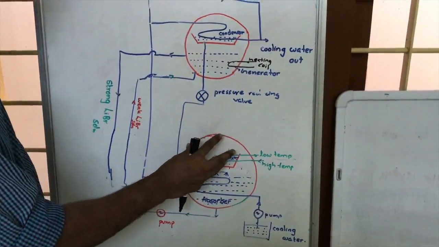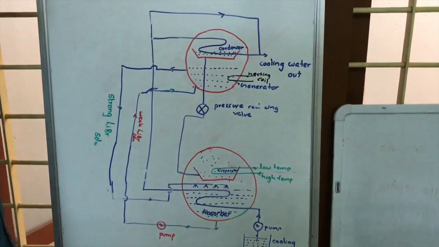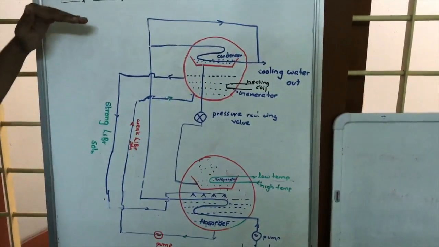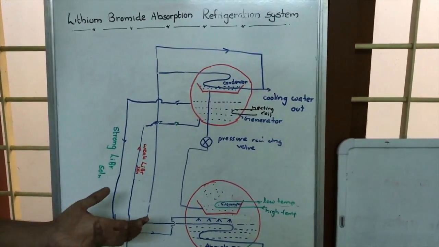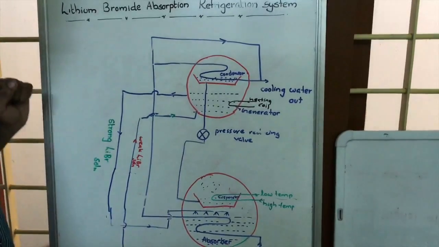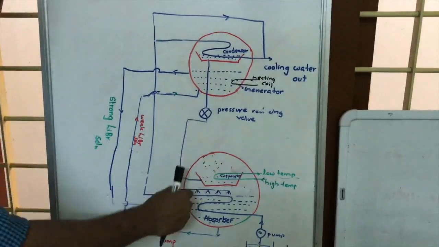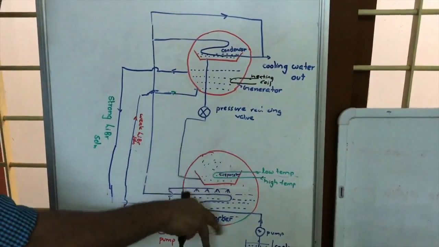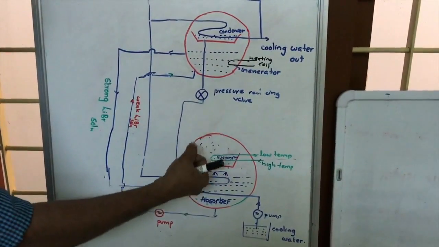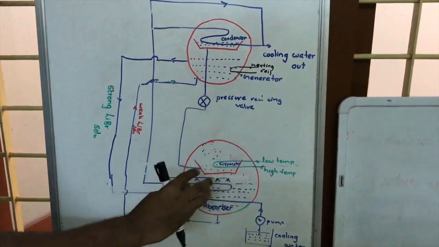As it gets evaporated, the water forms vapors, and these vapors are absorbed by lithium bromide. We are using a lithium bromide system because lithium bromide is a good absorbent of water. This is a sprayer, and in this sprayer we are spraying lithium bromide. These sprays will absorb water vapor, and this will be accumulating here in this absorber tank.